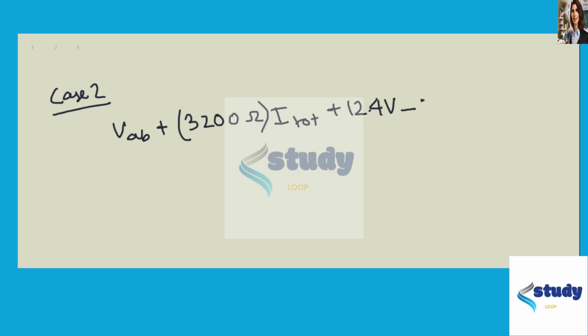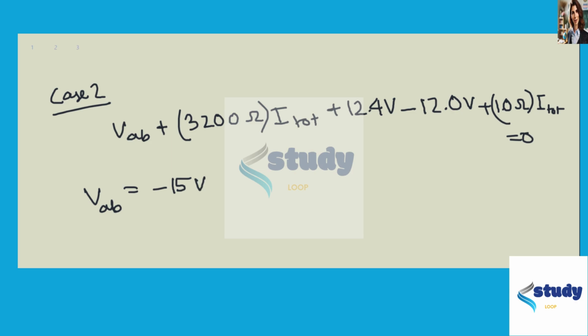Then there's negative 12.0 volts, and then 1.0 ohms times I total. So there's another change in sign over here. That's going to be 0. From here we get our VAB as minus 15 volts.